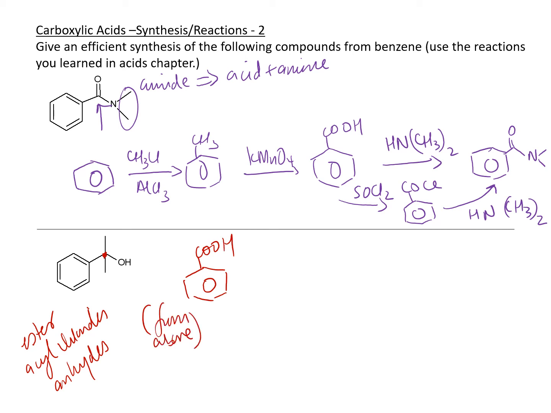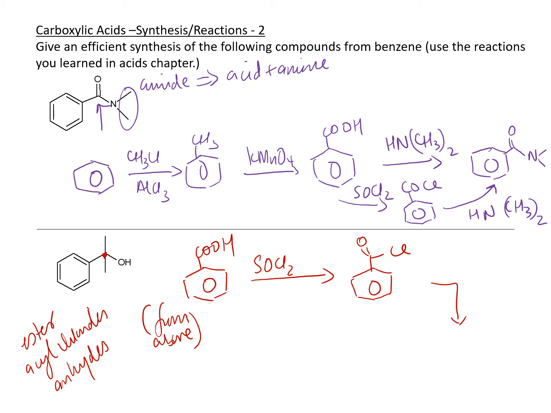There you go. Now I can convert this into an ester, or I can convert it to an acyl chloride. I know I've done that above also, but I'm just going to go ahead and write that again. So here we are, the acyl chloride, and now I can treat this with a Grignard reagent.